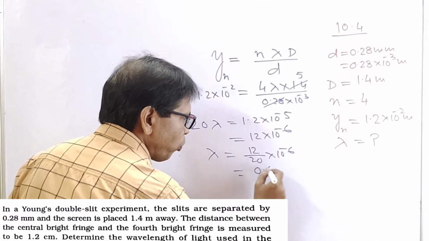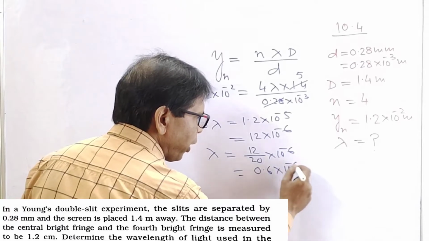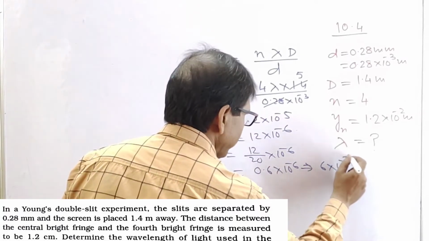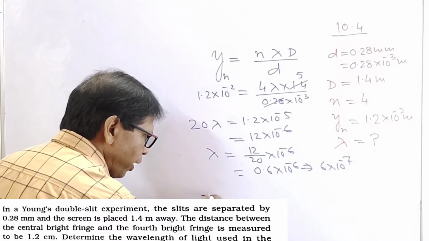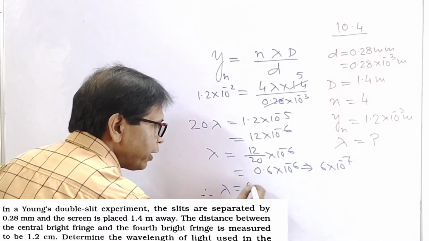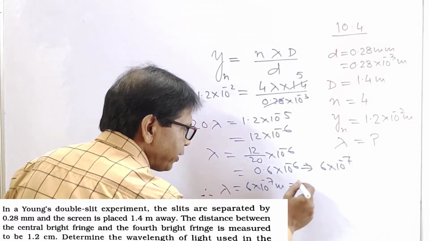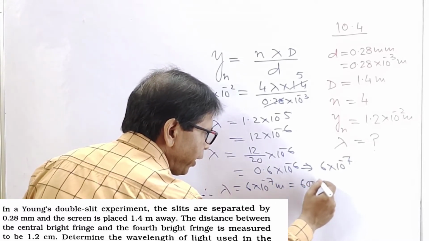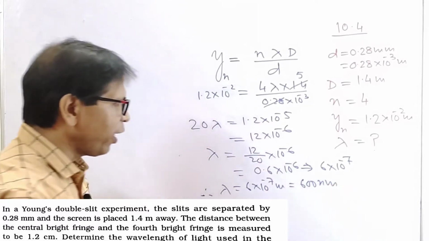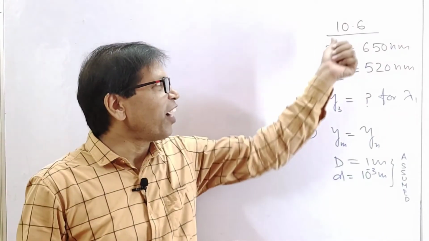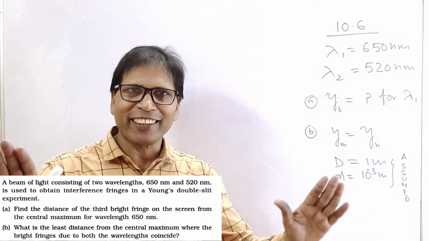So this is 0.6 into 10 to the power minus 6, so this is 6 into 10 to the power minus 7. Therefore lambda equals 6 into 10 to the power minus 7 meter, that is 600 nanometer. Okay, understood?